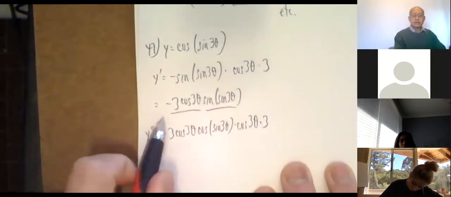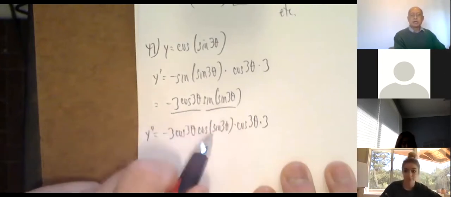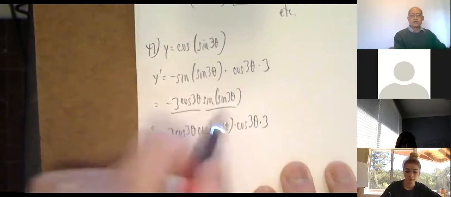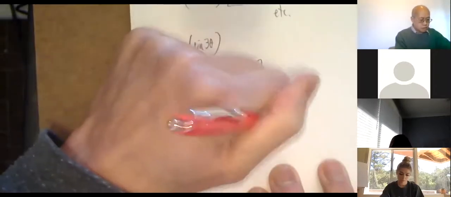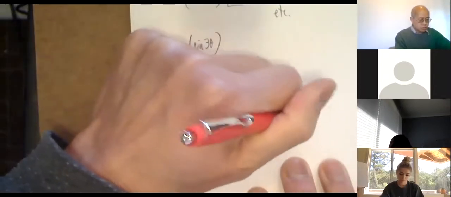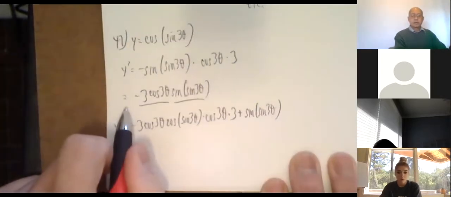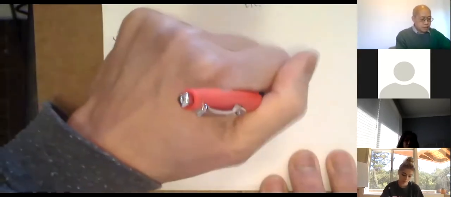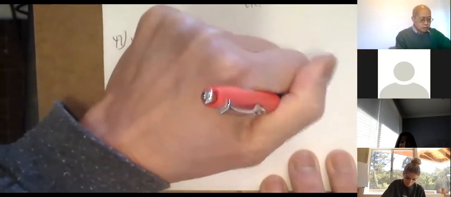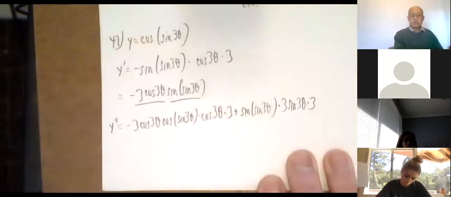So all of that was first times the derivative of second, plus second function times derivative of first. So the derivative of negative 3 cosine 3 theta is positive 3 sine 3 theta times the derivative of 3 theta, which is 3.